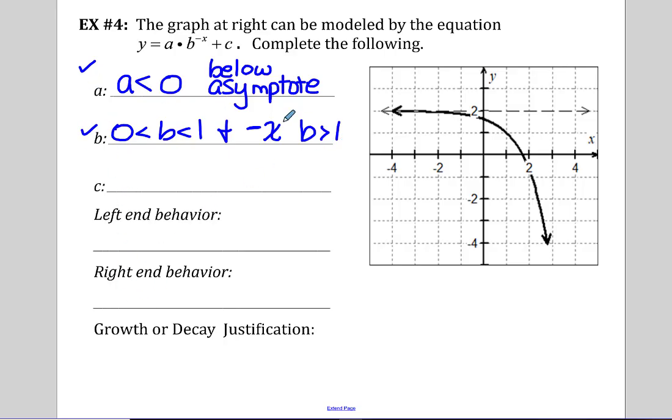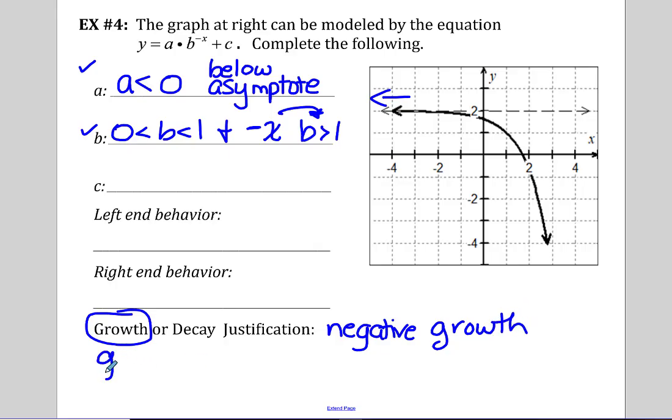So it's a growth. This is causing it to not be a fraction anymore, or it's causing it to be a number bigger than 1. So we're going to have a growth, but it's going to be a negative growth. And how do we know that? Because you notice that we're moving toward the horizontal asymptote in the negative direction. We have negative growth.